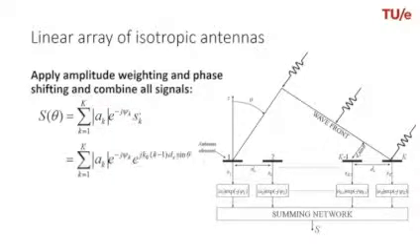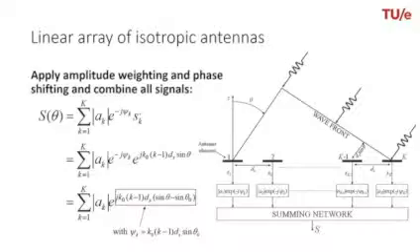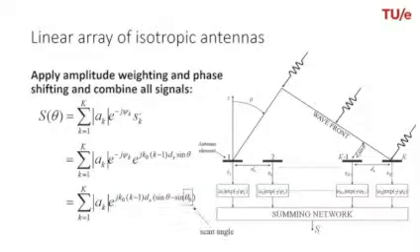By substituting the expression we found for s_k, we arrive at this expression, and we can further simplify that to this form, where we have used the particular choice that the phase added by the electronics, phi_k, is k naught times k minus 1 dx sine theta naught. And theta naught is the scan angle. So that's the angle where the array is most sensitive for the incident wave.